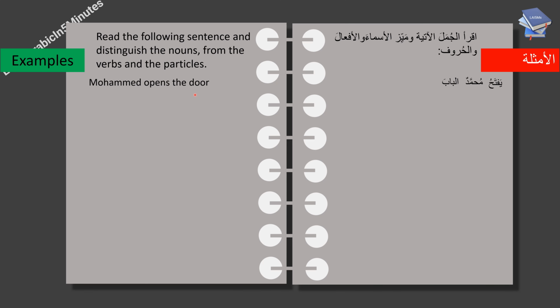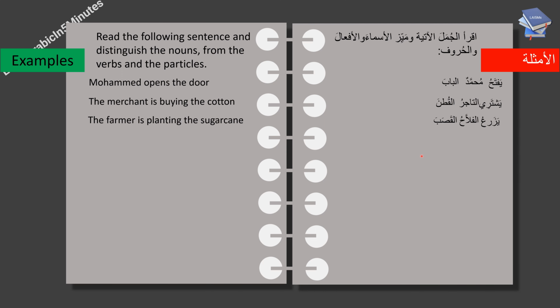Muhammad opens the door. يشتري التاجر القطن. The merchant is buying the cotton. يزرع الفلاح القصب. The farmer is planting the sugar cane. يقرأ سعيد الكتاب. Saeed is reading the book.